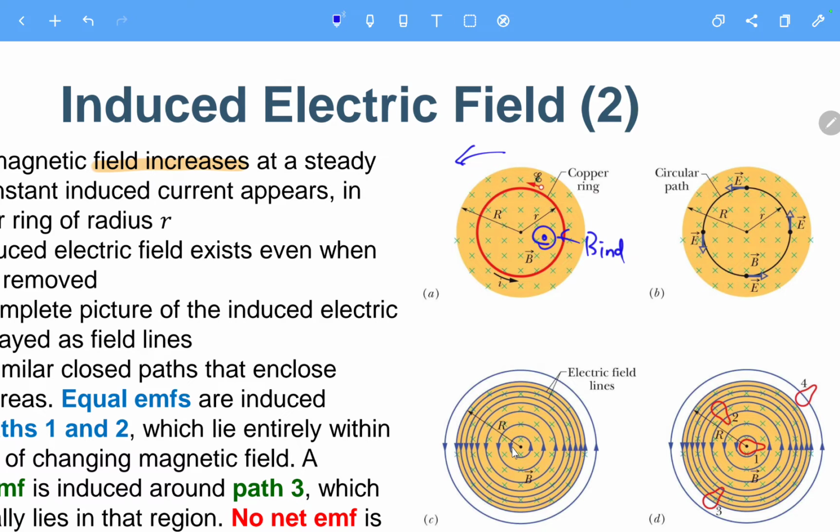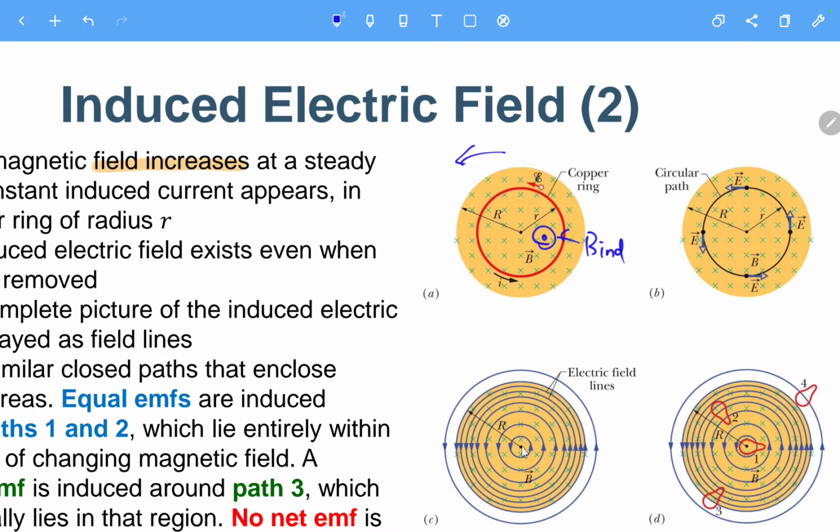So it relates to the radius from the center, but we can still conclude that all the E fields have a similar direction for the different concentric circles.